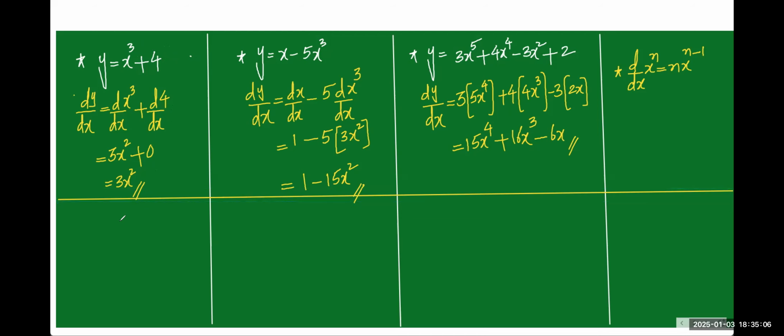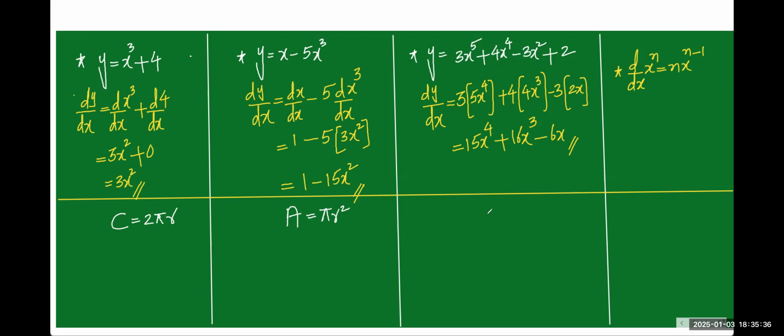So the next question is, I want to change the variable. Don't think that always y will come. If I change the variable, how will the answer be? Look at that. Some questions to understand this one. C is equal to 2 pi r. Which formula is this? A is equal to pi r squared.